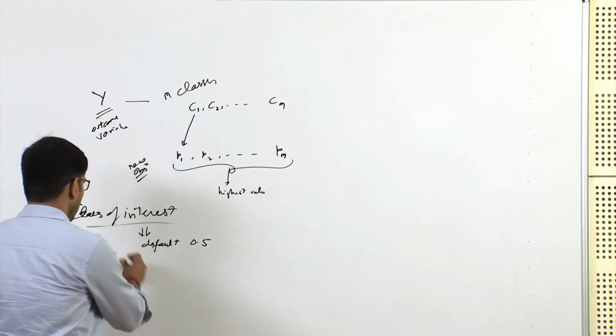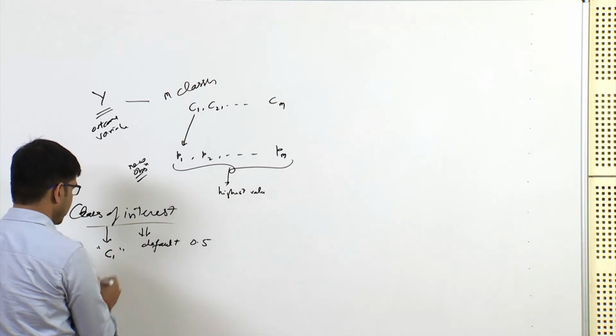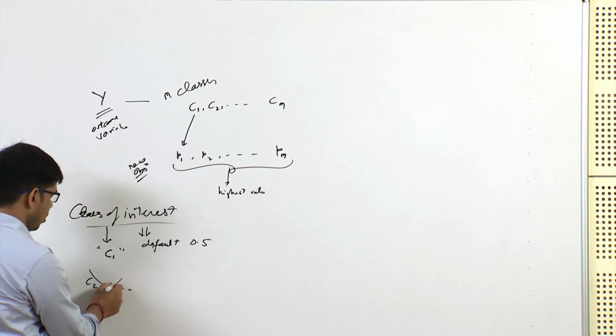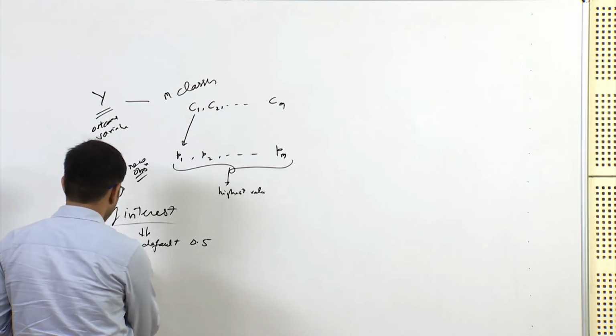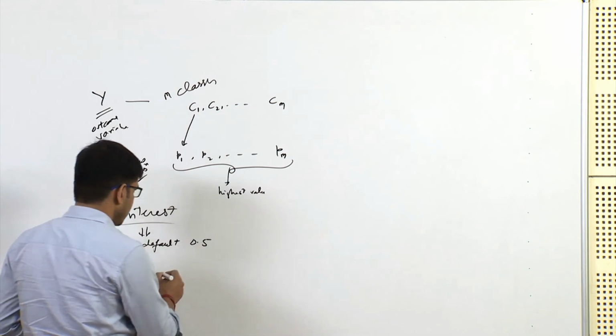When we have a class of interest, we are interested in identifying more members of a particular class, and we are not too focused on the other classes. So, we would like to identify more records of this class.